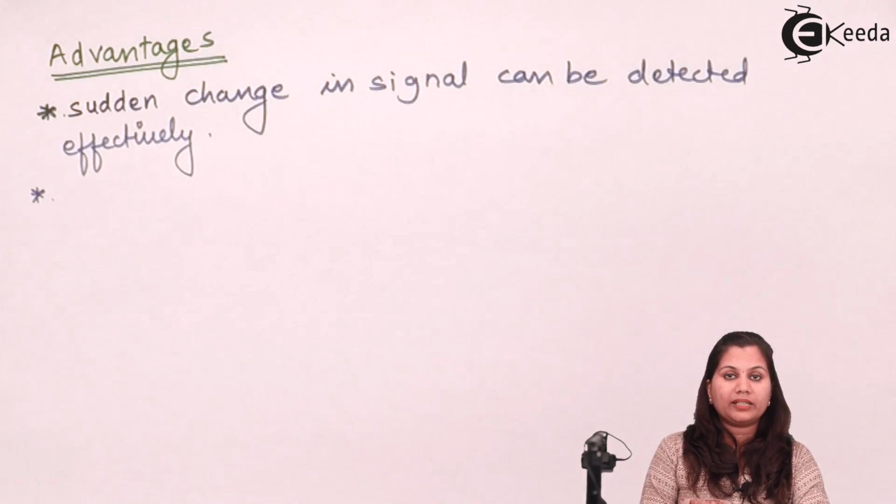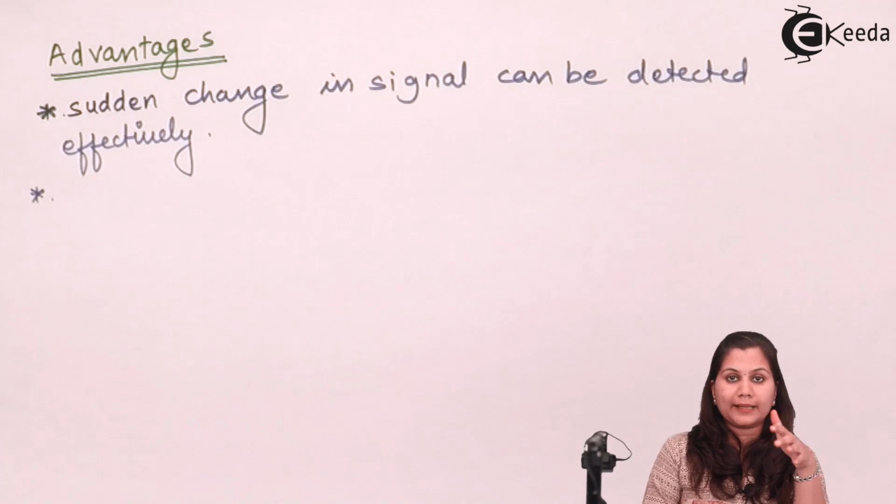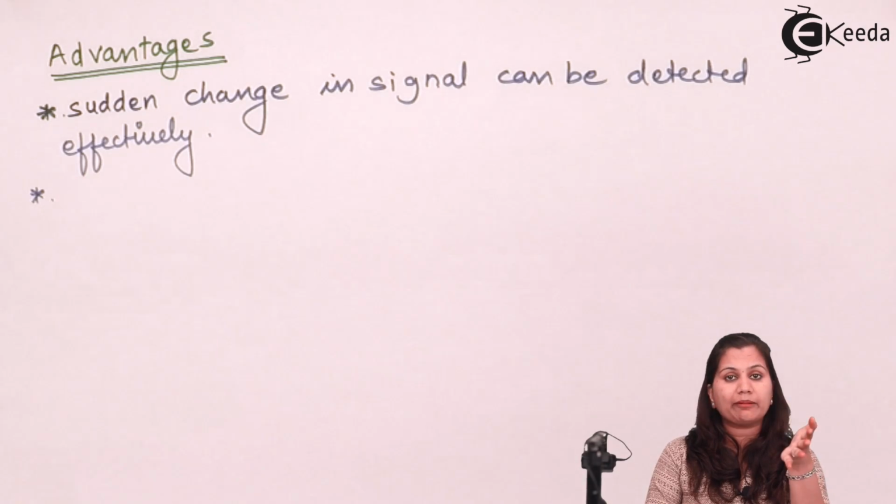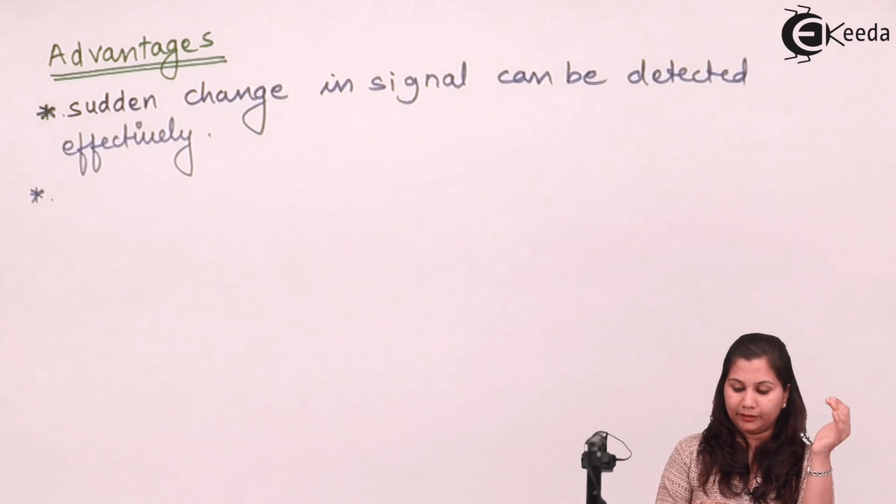Another advantage is that all types of measurements can be done with a single meter only. Voltage, current, and resistance, AC and DC voltages, AC and DC currents can be measured with a single meter.